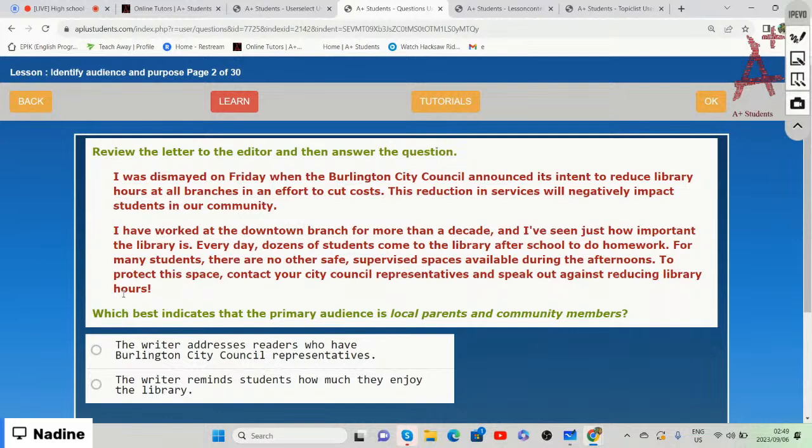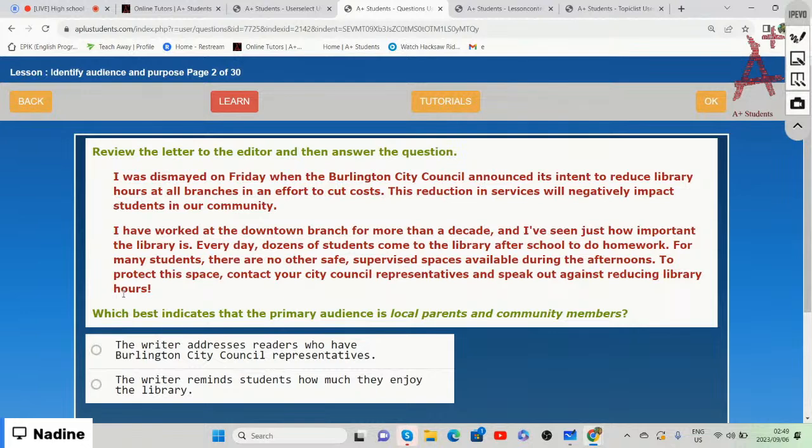All right, review the letter to the editor. Oh, it's the same one. Here they are asking which best indicates that the primary audience is local parents and communities.